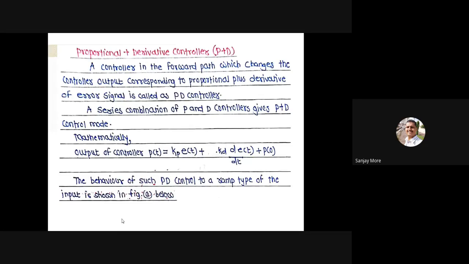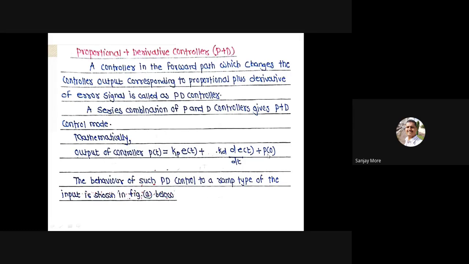Here the output of the proportional controller is Kp, the constant of proportional gain, into error E of t, plus the derivative control output, which is Kd d by dt of E of t.